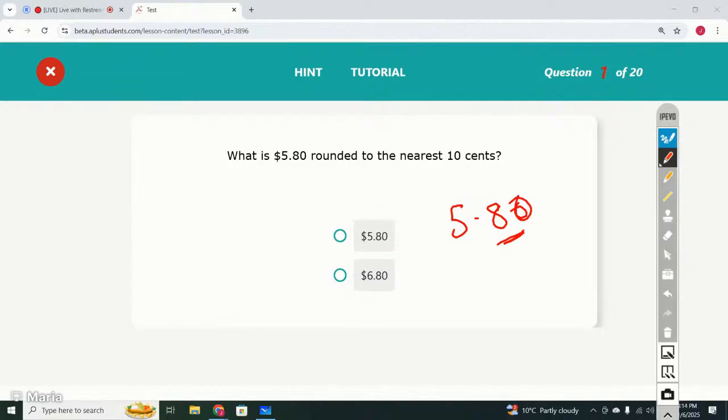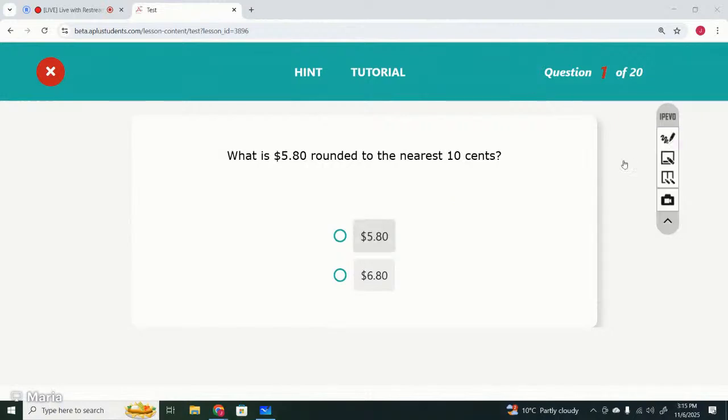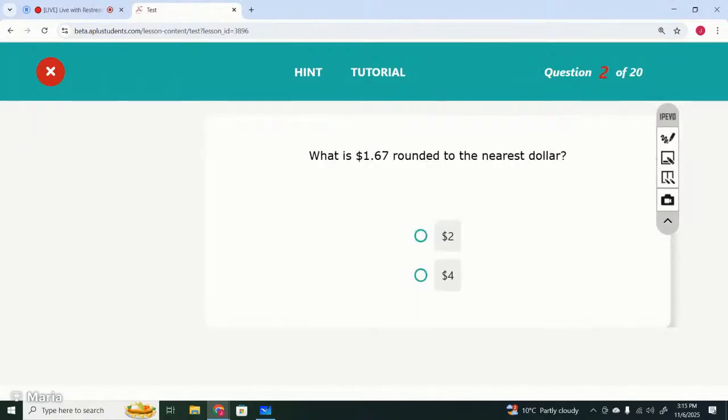So that is $5.80. Option number 1 is the correct option.